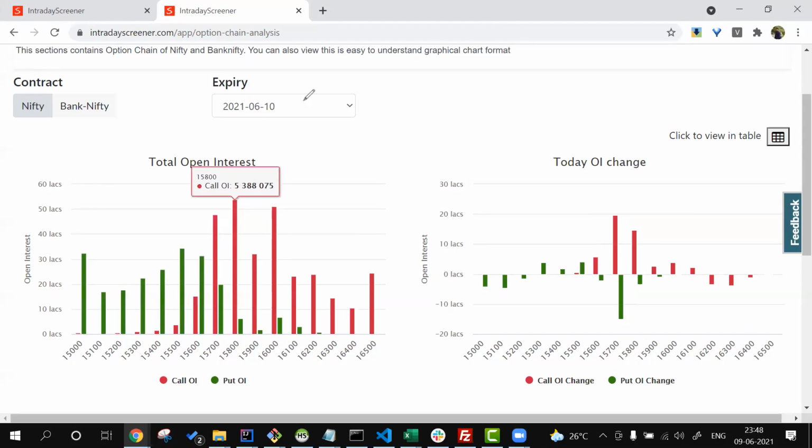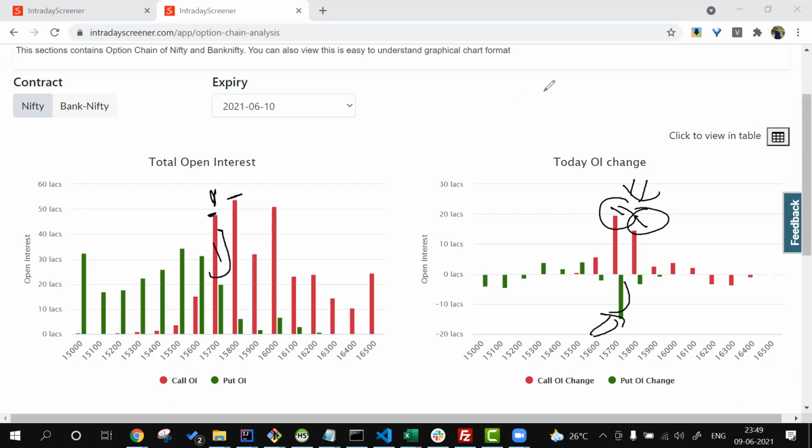For example, in this graph below, you can see that 15700 has the highest open interest immediately near the price, and 15800 has even higher open interest. In 15700 and 15800 today, so much open interest has been added on the call side, and put writers have been squaring off. Earlier it was this much maybe, and this much has decreased today.